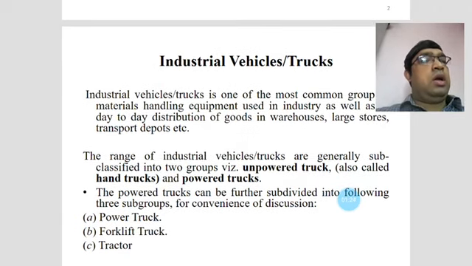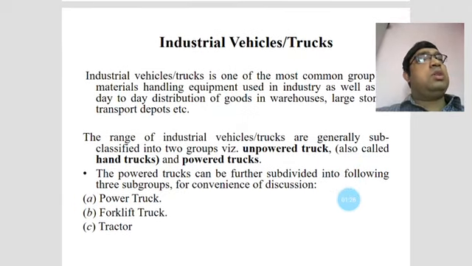Sometimes small scale industries also use this type of labor, and less effort is required for this type of two wheel industrial vehicle or truck.